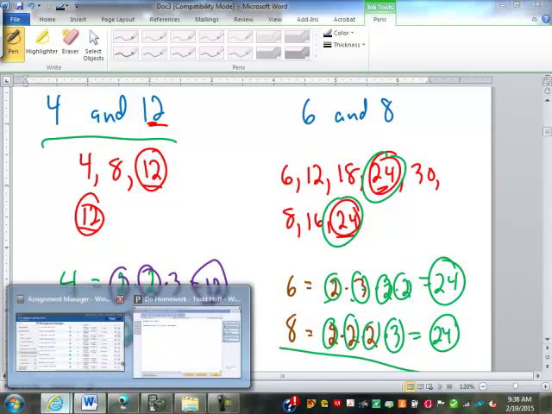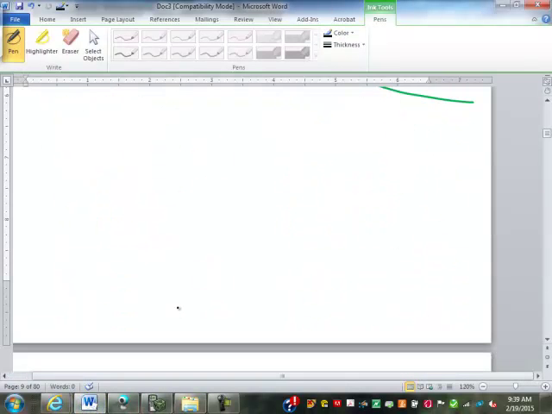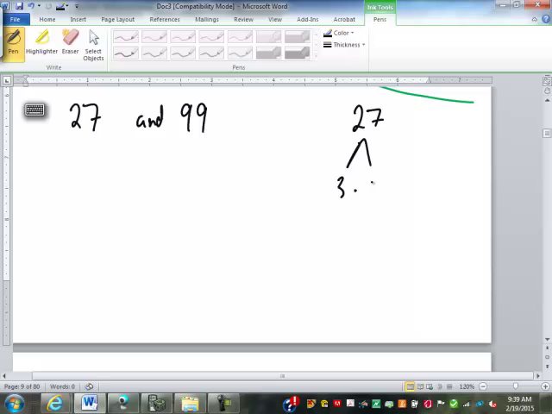Let's actually take a look and see. I know they had some really ugly ones here in the homework. 27 and 99, that would be a good one. 27 and 99, it would get really frustrating if I tried to make lists. So 27, I'm going to factor it. 3 times 9, 3 times 3.